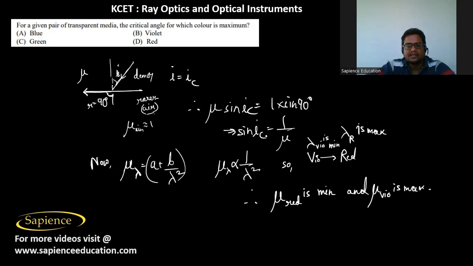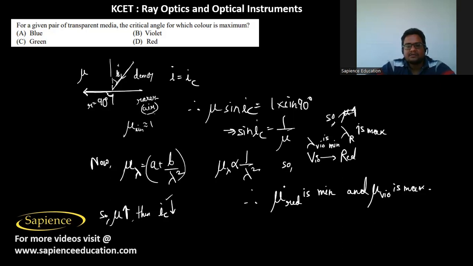And so sine iC is proportional to 1 by mu. So if the refractive index is higher, then the critical angle will be lesser. So it means the critical angle will be higher for lesser refractive index.